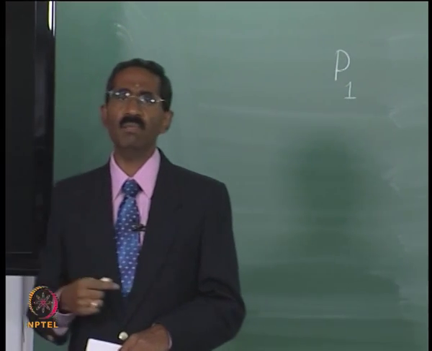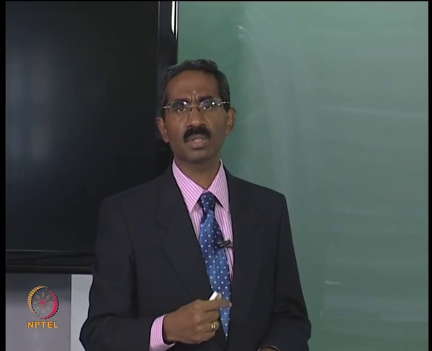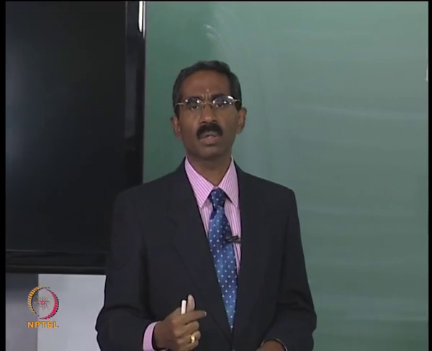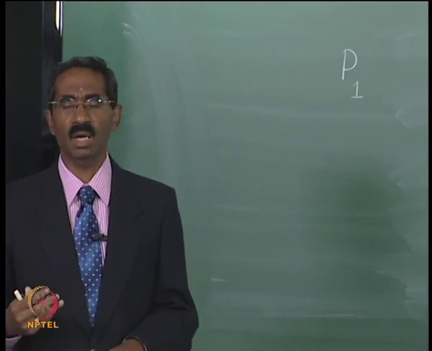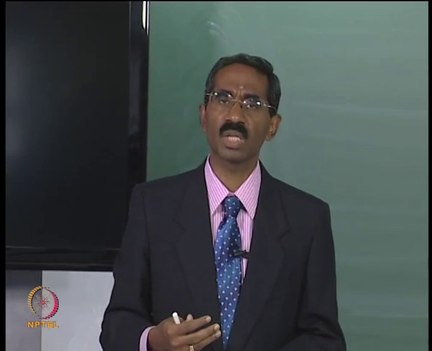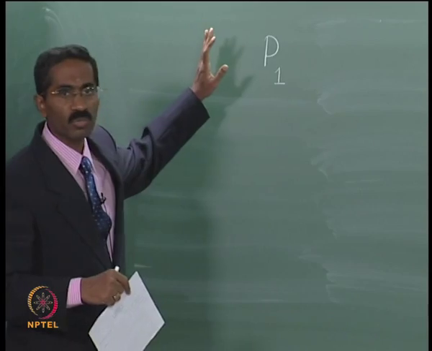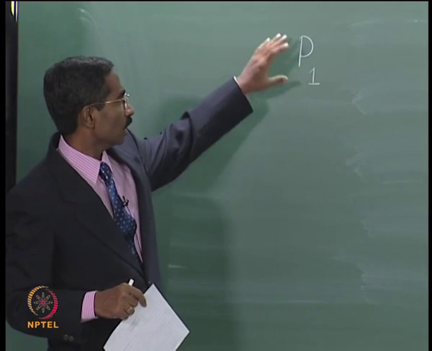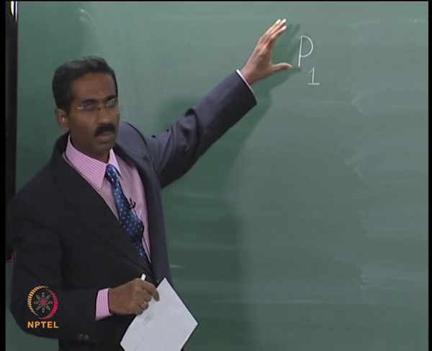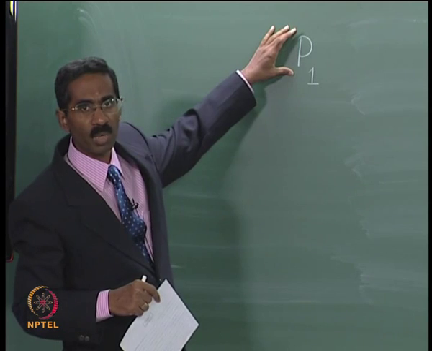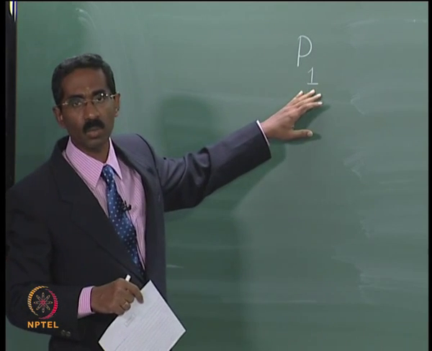So remember, we will have to do the revenue estimations every year, because we are talking about increases in price at specified rates for both steam and power. So let us try and calculate the revenues from generating power in year 1. P signifies power and 1 signifies year 1.